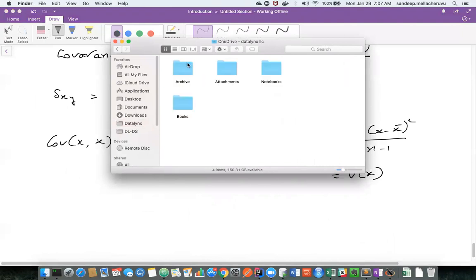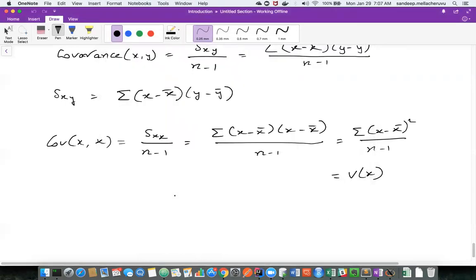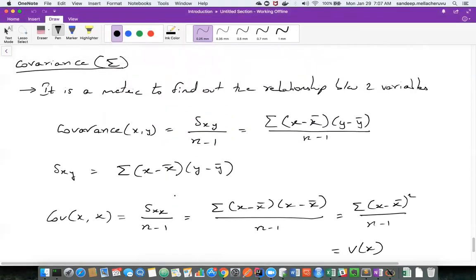Now I have already shared you the notes and the data sets itself. For covariance, is there a different formula for sample and population? Okay, so in general, no, because you generally do not know the entire set of values for a variable.